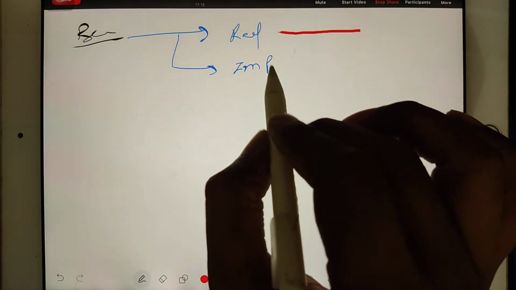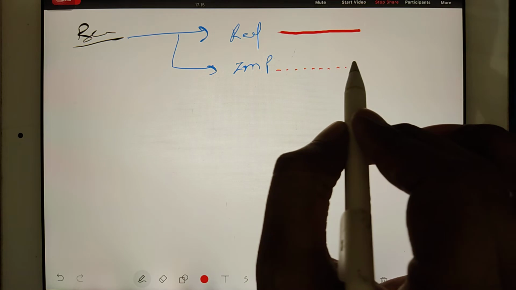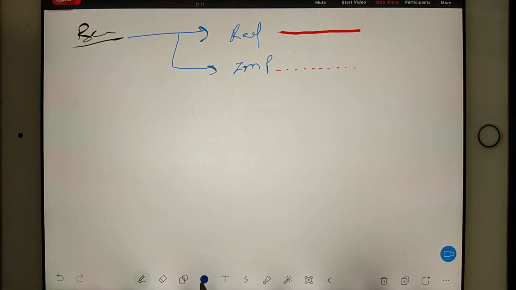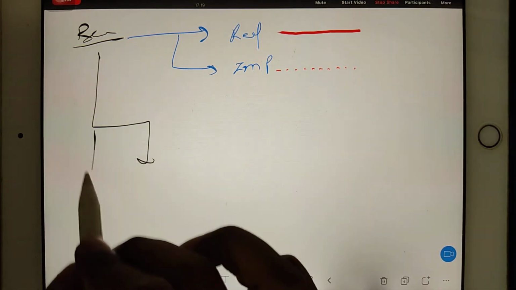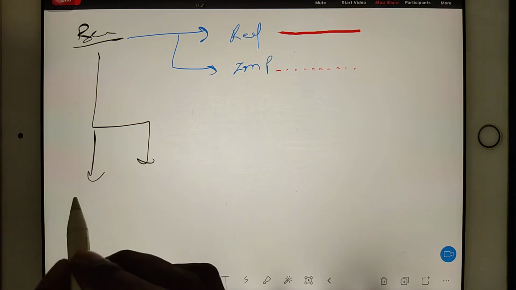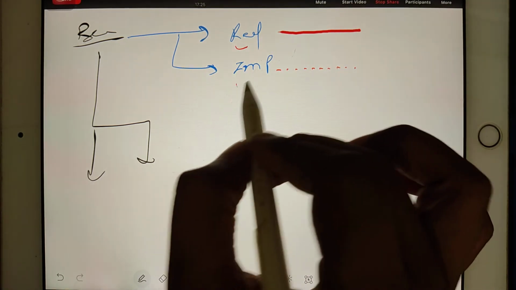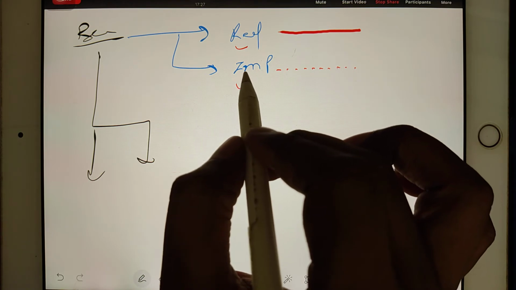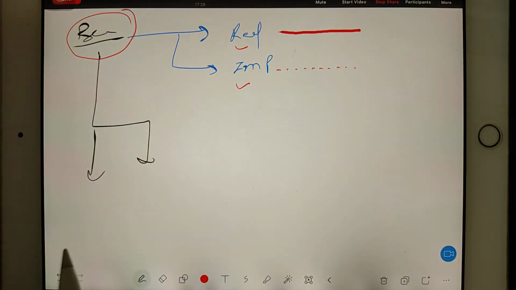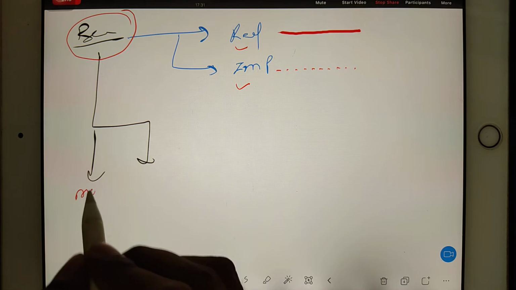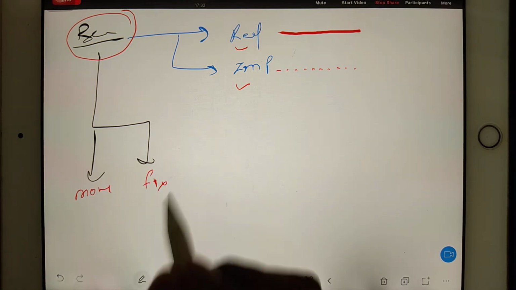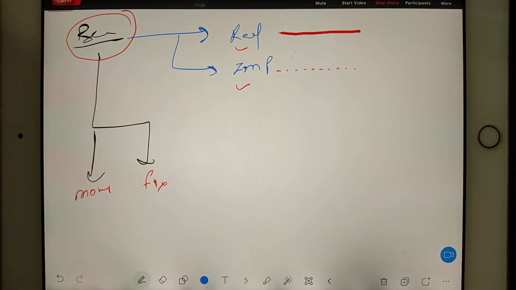If it is imaginary, then we use a dotted line. I will give the example. I hope you understand the meaning of real boundary and imaginary boundary; in the example, you will understand in detail. Another type of boundary classification is that your boundary can move or it can be fixed. Now let's understand in detail.